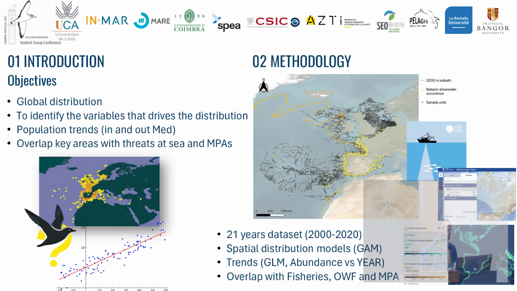We also got the trends using generalized linear models of abundance versus years. Then we identified the most important areas and overlapped them with fisheries using Global Fishing Watch data, offshore wind farms, and finally marine protected areas.